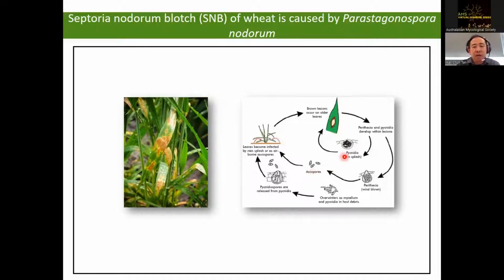In Western Australia we tend to practice a no-till policy in our cereal wheat fields, and as a result, we do get quite a lot of stubble lying on the ground.